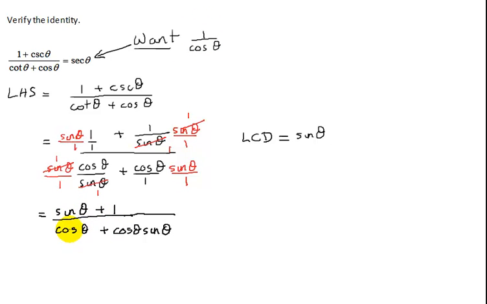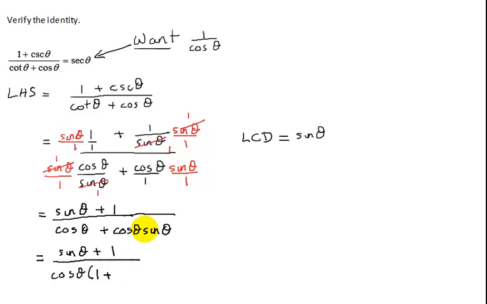Well, if you notice, the numerator cannot be simplified, but how about the denominator? I can factor out a cosine theta. So if I factor out a cosine theta out of my two terms in my denominator, cosine theta factored out of cosine theta gives me 1.